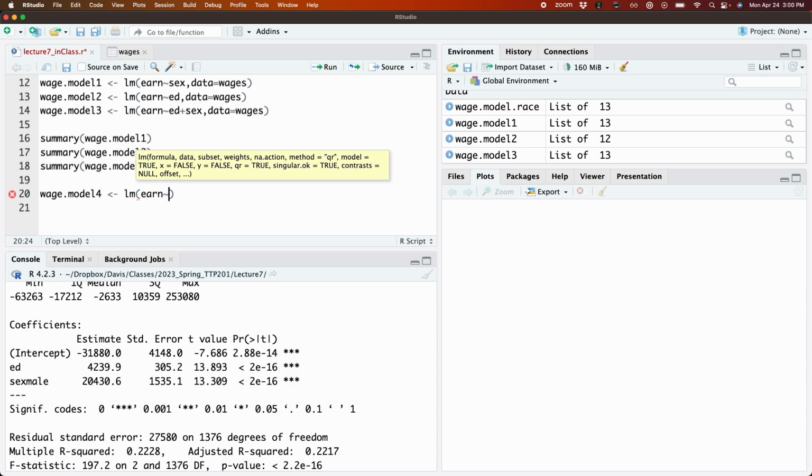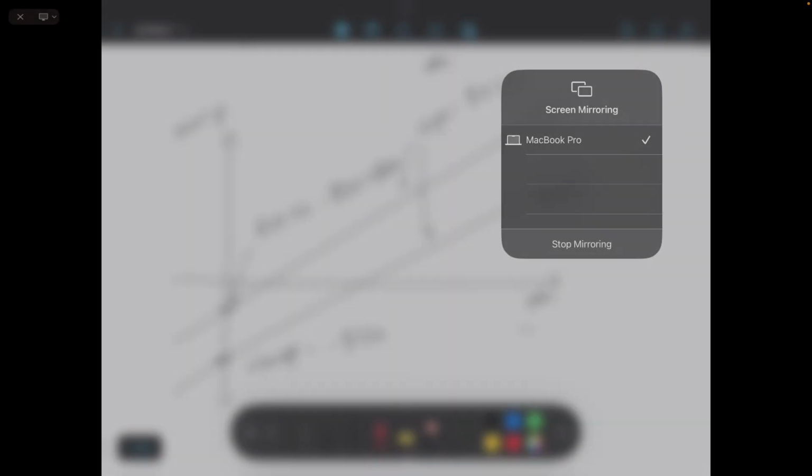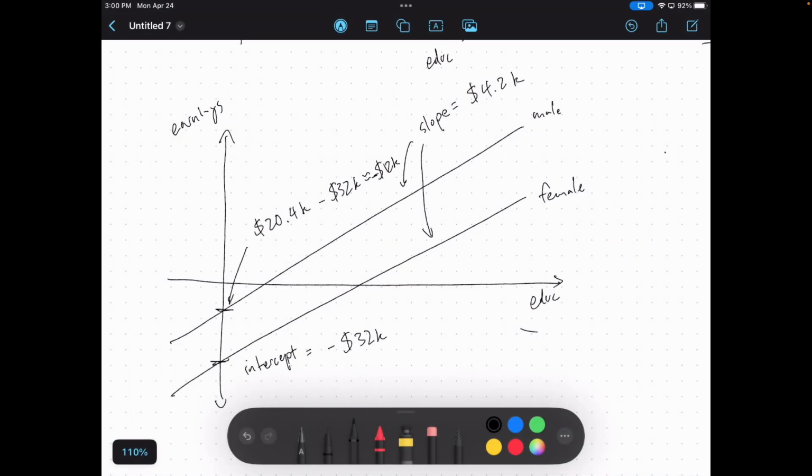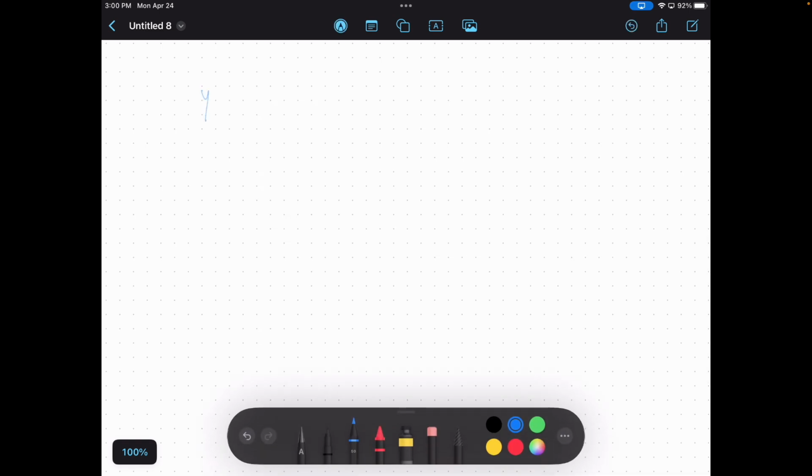So what is actually happening, to explain this really quick, we're doing a quick aside, but I think it's important to know what's happening behind the scenes. Let's say you have a table of earnings and race.